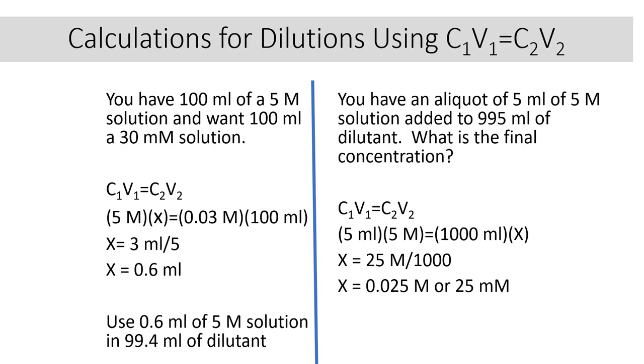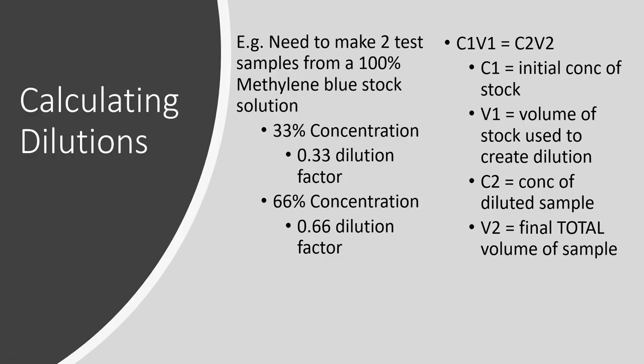You could use these to calculate concentrations as well, not just molarities. So in this example, let's say that I have a 100% stock solution and I want to prepare 2 dilutions from that stock. I could make, call it a 33% or 66% or 0.33 and 0.66 dilution factor.